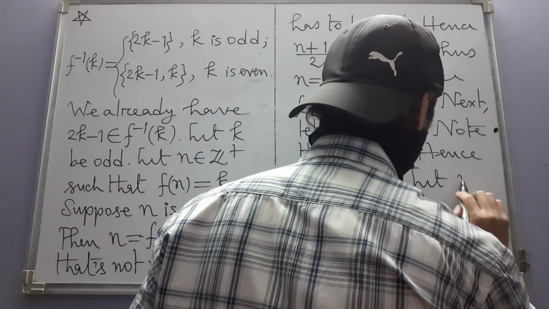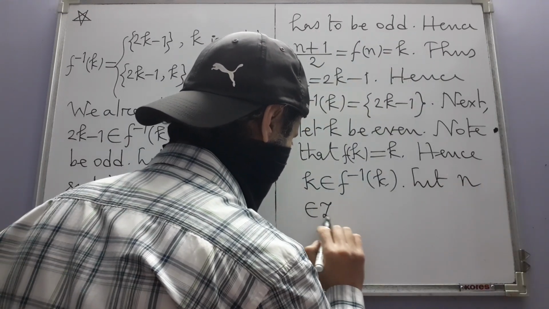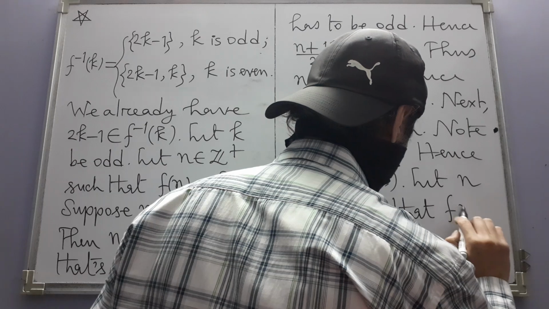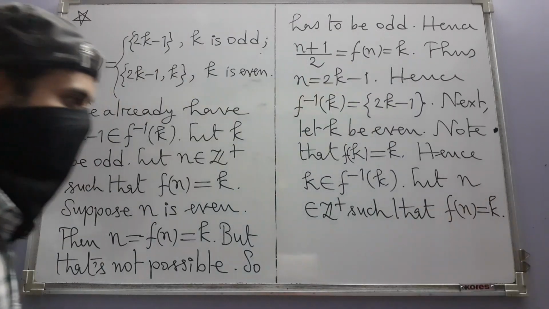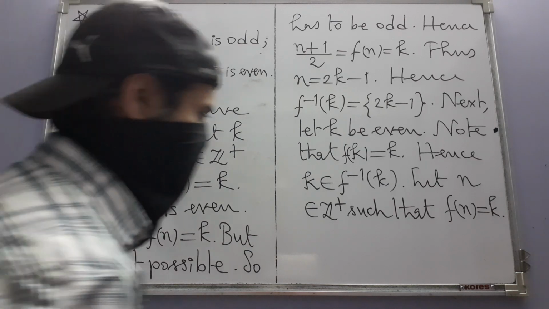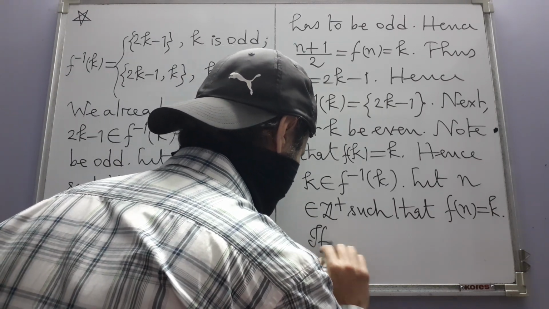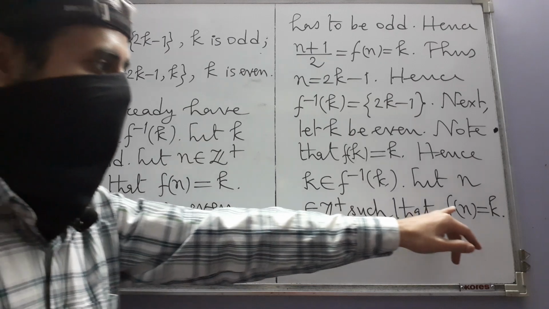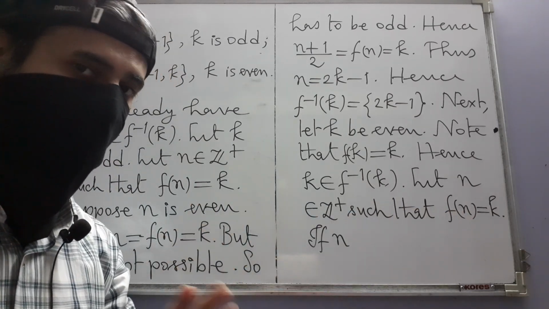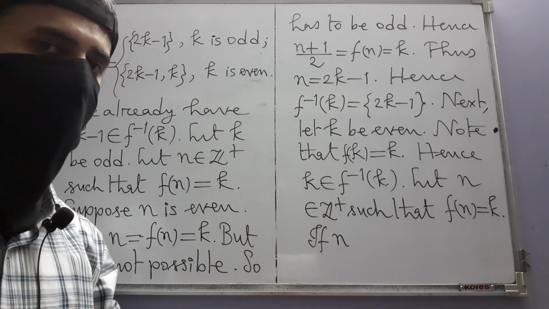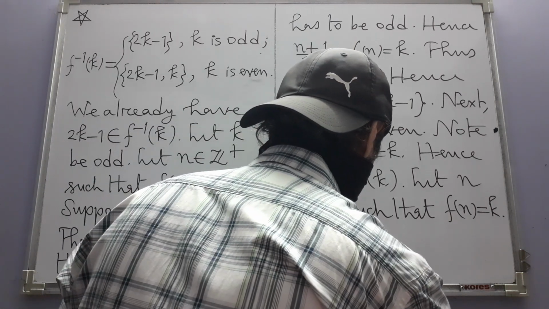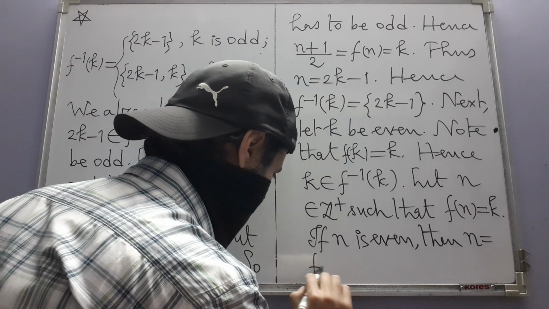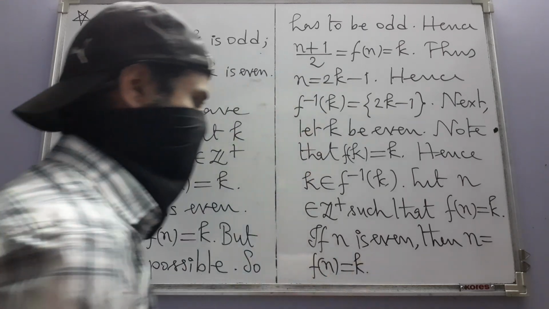Let n be a positive integer such that f of n is equal to k. All right. Our aim now is to show, just like in that case, that either n is k or 2k minus 1. Now n, being a positive integer, is either even or odd. If n is even, then n itself is f of n, and that is equal to k. So in that case n is k.